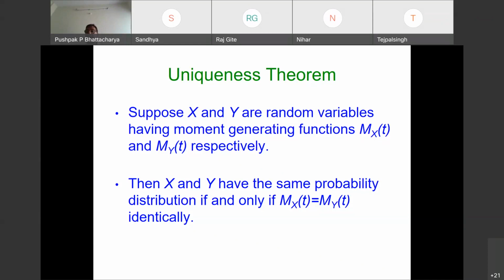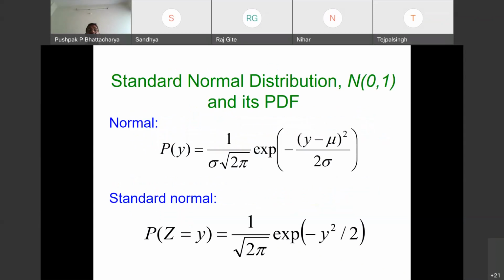Distribution being equal makes the moment generating function equal. So moment generating function and the probability distribution function are one and the same, okay, for all practical purposes. So now what we do is that we look at the usefulness of uniqueness theorem in the proof of the central limit theorem.